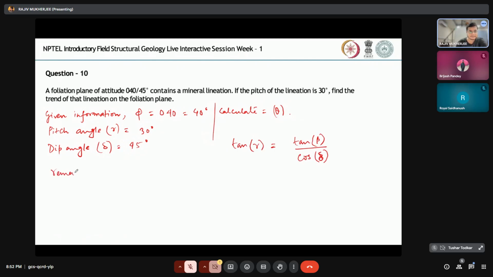Remember, beta is the structural bearing and it is defined as theta minus phi, or whichever is greater. Sometimes phi is greater, then you take the difference between phi and theta, not theta and phi. So this is the interchangeable value, right? So tan r means tan 30 degree.